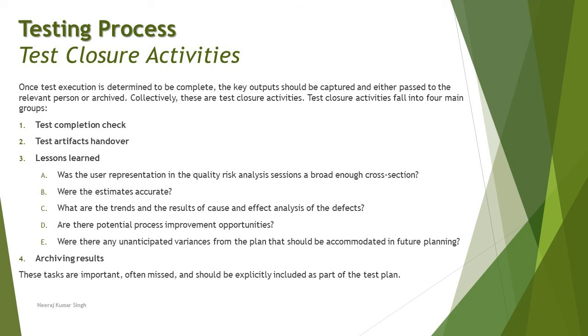A test manager should consider that these activities take place at the end of the life cycle so that we can collect a lot of information and gather certain metrics in order to improve your upcoming projects and cycles. Well, that was all from this particular phase, test closure activities. It is very important, so make sure you have a very good grip on this, because you will be getting a good number of questions from this chapter, and you don't want to miss any of them.